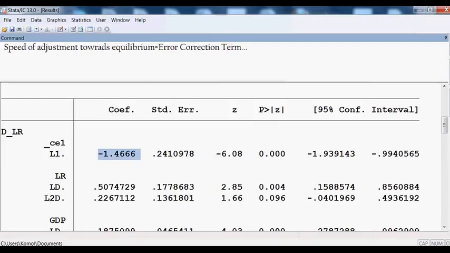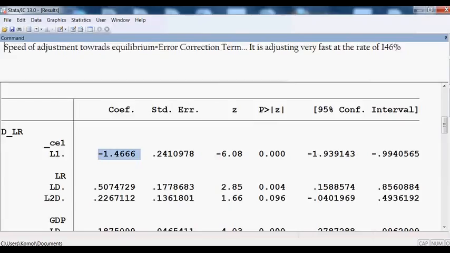and we can say that it is adjusting very fast, right, at the rate of 146%, right?